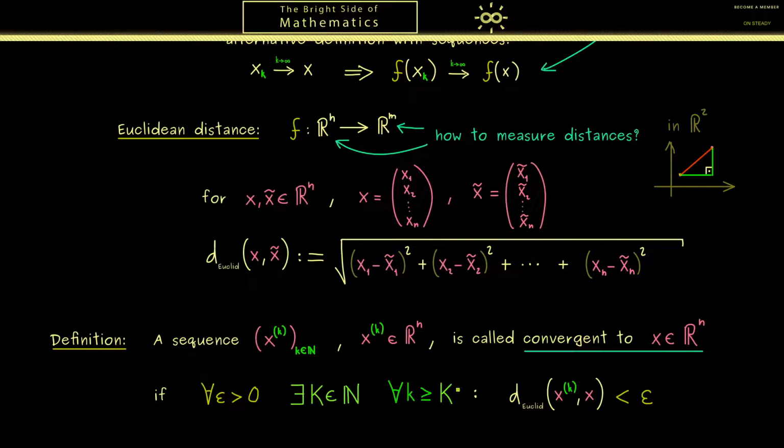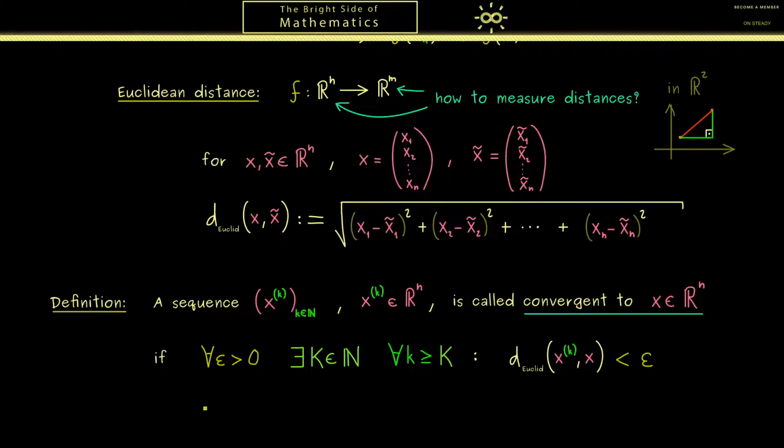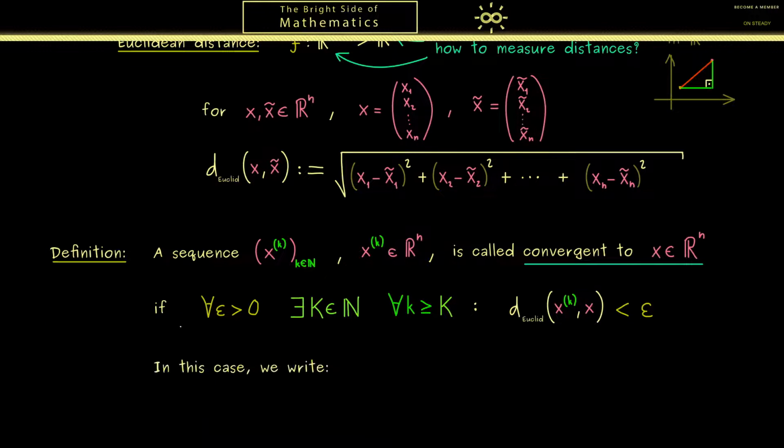And exactly for this reason, we are able to use the same notations. For example, if we have convergence, we can use the limit symbol. More precisely, the limit of x^k, where k goes to infinity, is equal to x. Or even shorter, we can write x^k goes to x. And in the case there is a danger of confusion, we put k to infinity on the arrow.